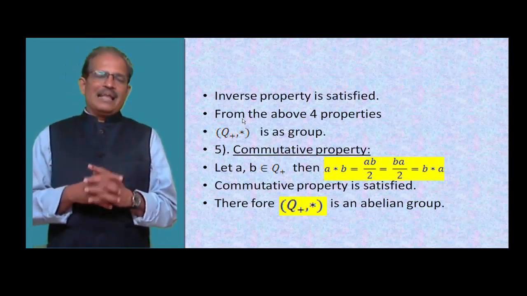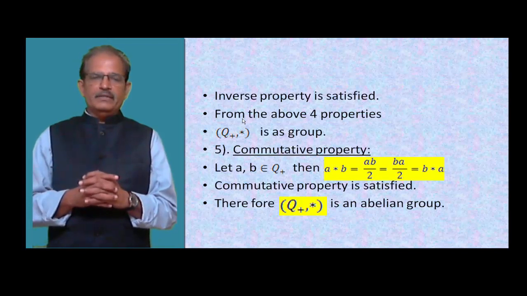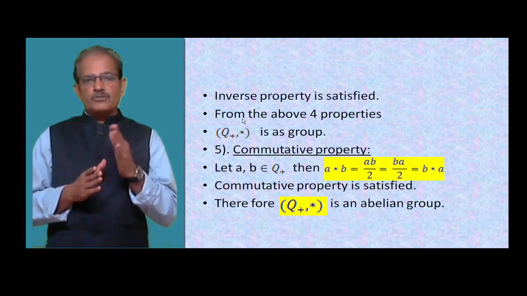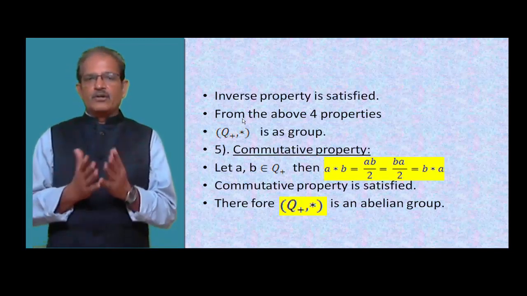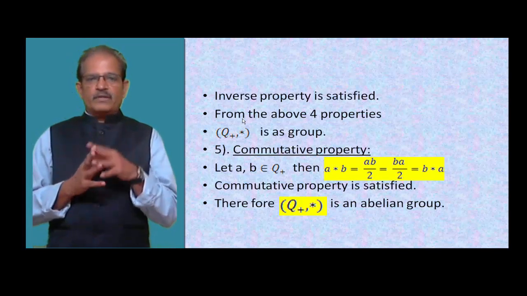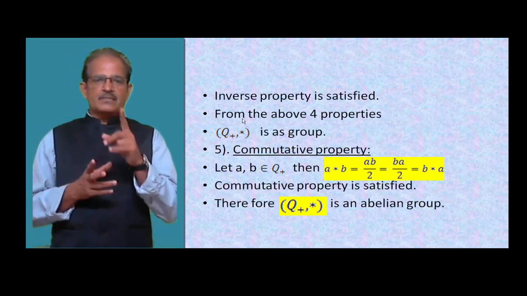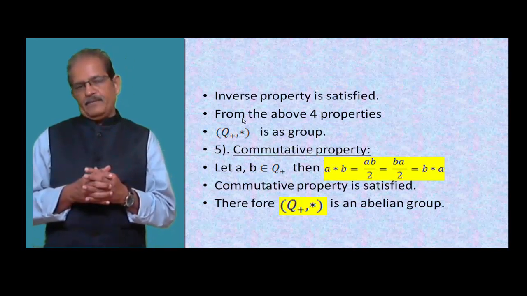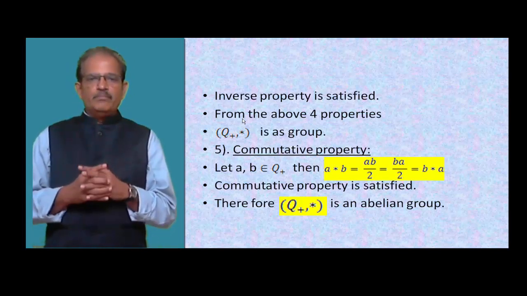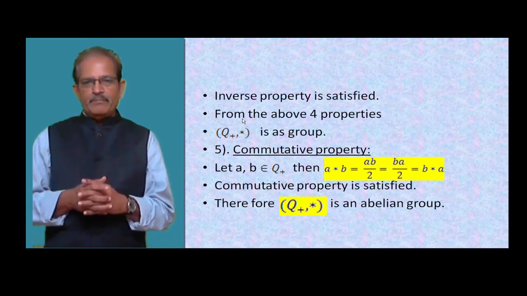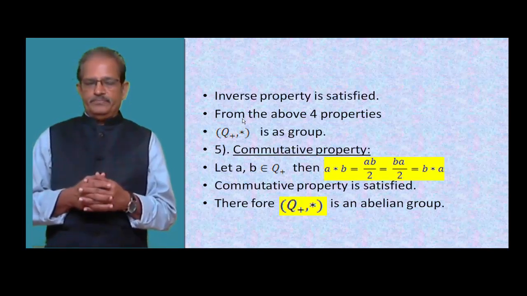Now there is the last property, the fifth property, that is the commutative property. If the commutative property is also satisfied, then we say the group is an abelian group. So for the commutative property, let us take A comma B belong to Q plus. Then A star B will be by definition AB by 2.